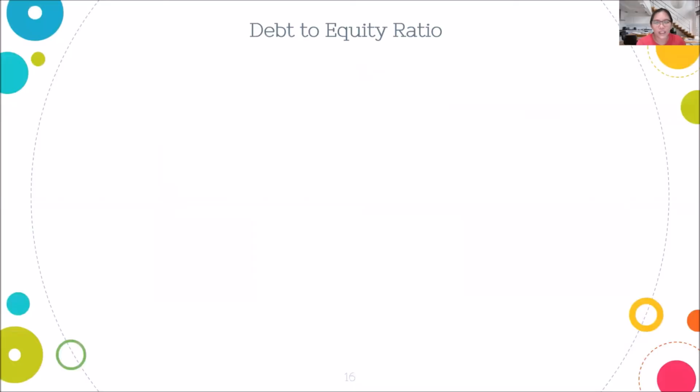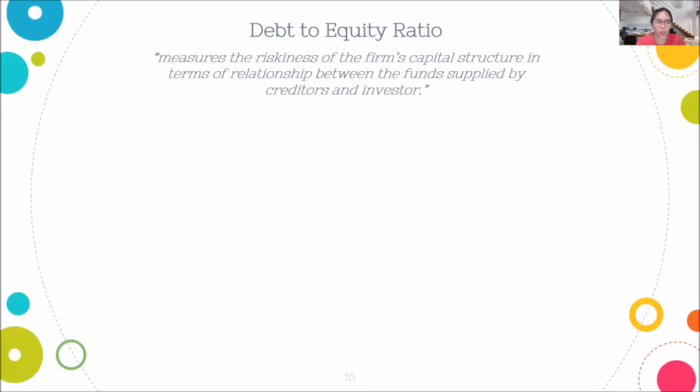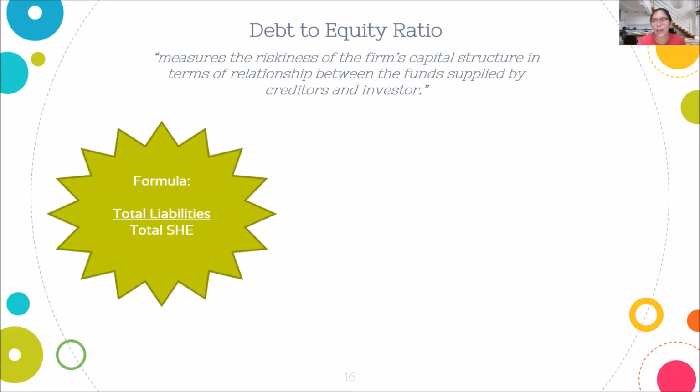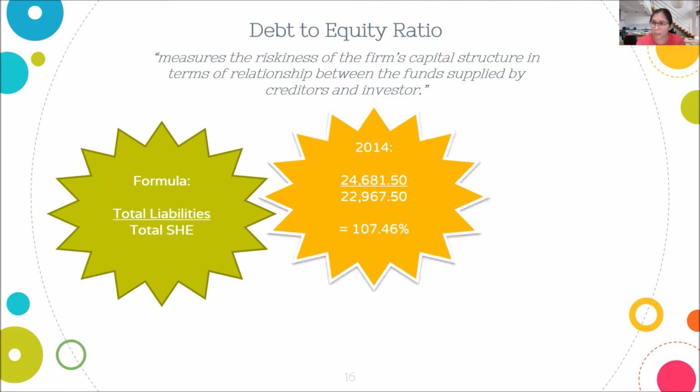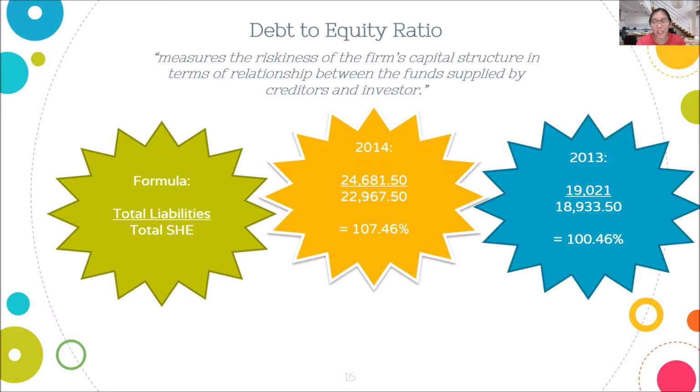Okay? Next, after the debt ratio is the debt to equity ratio. It measures the riskiness of the firm's capital structure in terms of the relationship between the funds supplied by the creditors and investors. So the formula is the total liabilities over the total stockholders' equity. Of course, earlier, since more than 50% is already debt, it is natural that we see a larger percentage of liabilities over our stockholders' equity, which is 107.46%, or 7.46 higher in 2014 and 0.46 higher in 2013.